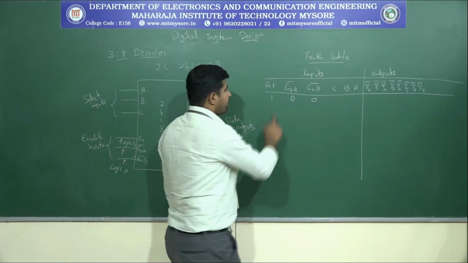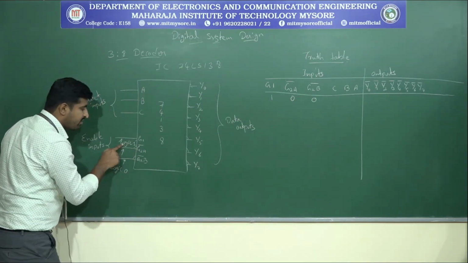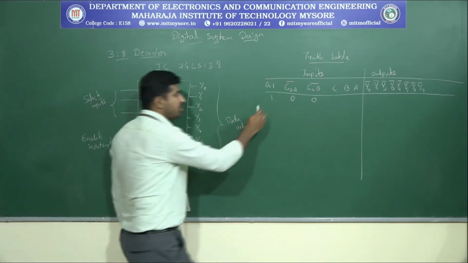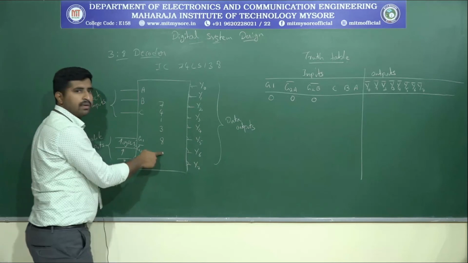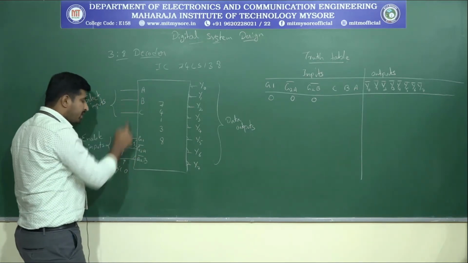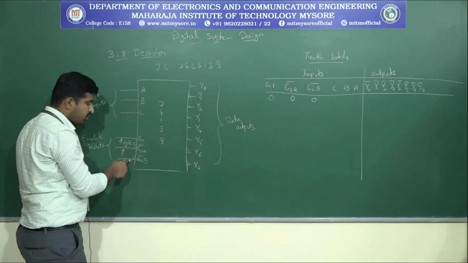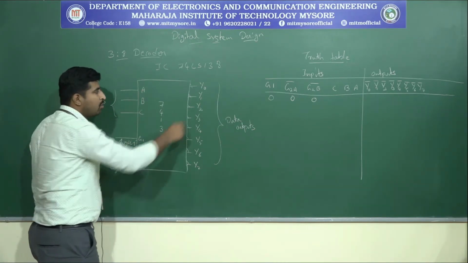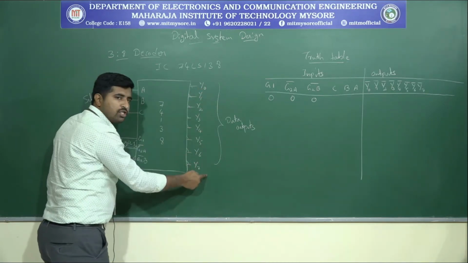Okay, so if instead of giving a logic 1 to G1, we give a logic 0, what happens? The decoder will be disabled. In that case, whatever the inputs for A, B, C, or even for G2A and G2B, the output will always be disabled. That means we will always get a logic 1.